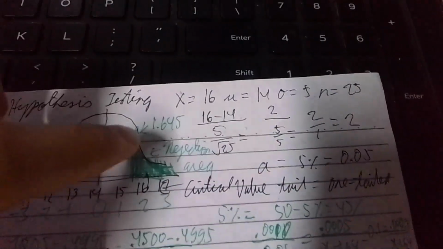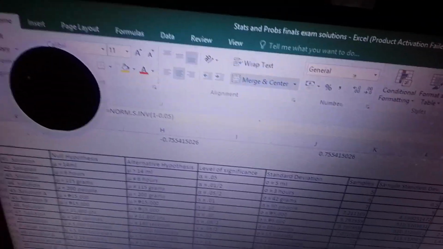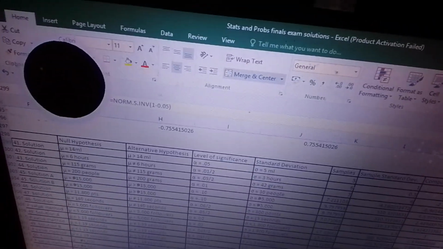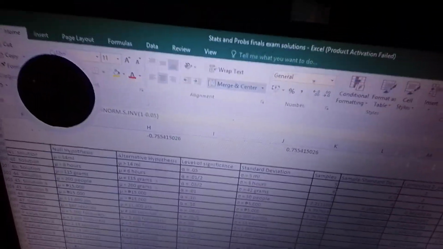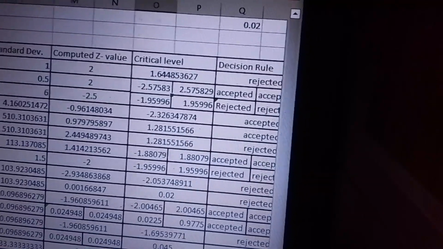This shaded part is the rejection region, and we want to know the z-score of that rejection. So we type normal standard inverse, which gives us a z-score of a corresponding probability, and we type 95%. Because we're using a 5% level of significance, it's 1 minus 0.05, which is the same as 95%. And when we do that, we get 1.64485, which is rounded to 1.645.